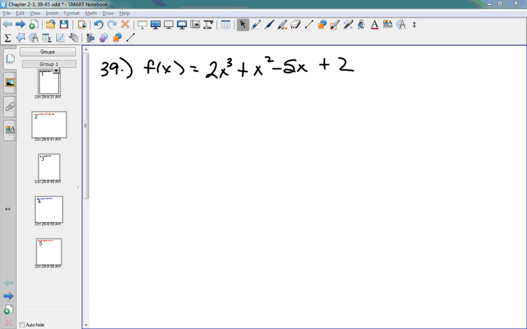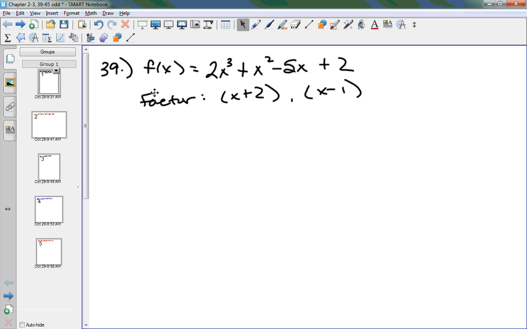So letter B, how do I verify that those are factors? What are the factors? They give you factors being x plus 2 and x minus 1. How do I verify algebraically that those are factors? Does it equal 0?